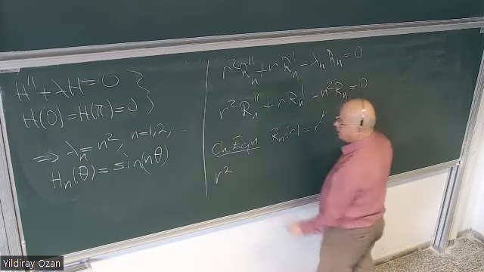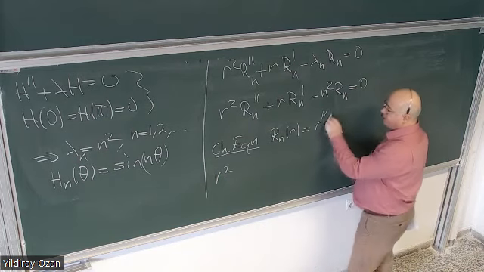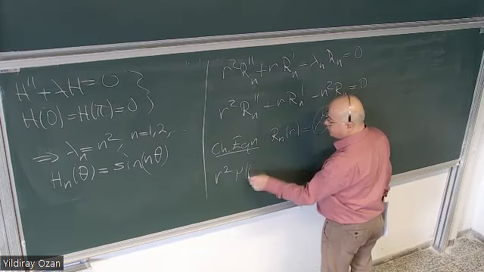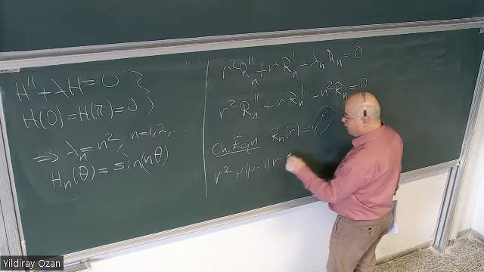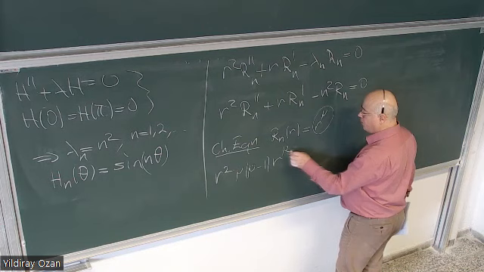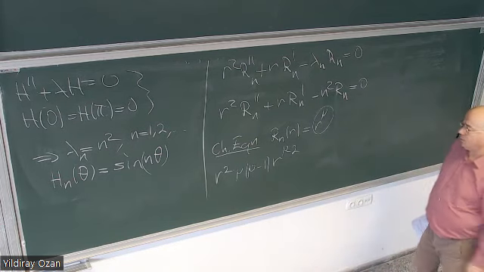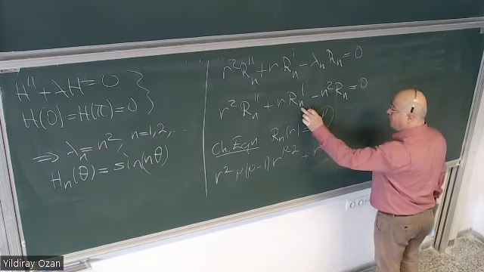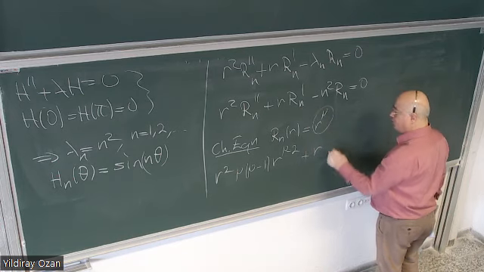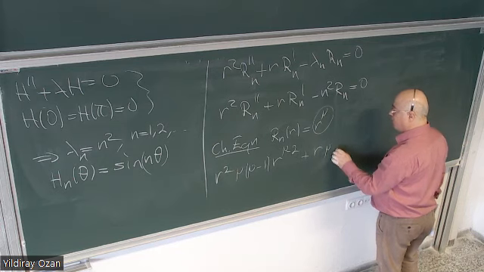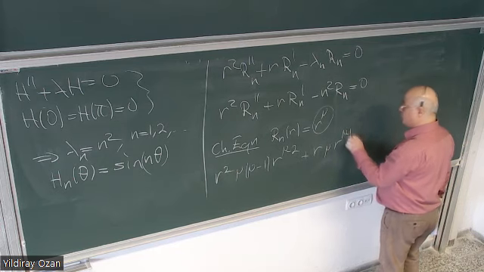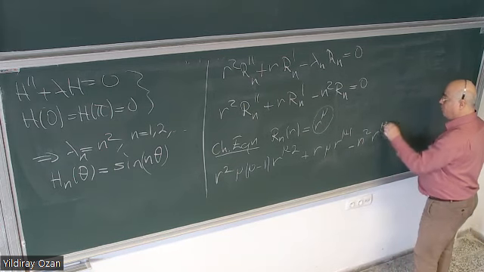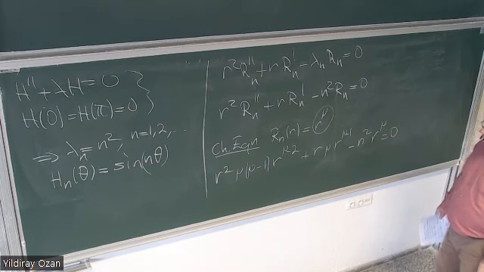If we plug this in, we get r squared times the second derivative of r to the power mu. The second derivative is just mu times mu minus 1, and then r to the power mu minus 2. Then r times the first derivative, which is just mu times r to the power mu minus 1, minus n squared r to the power mu. Okay.